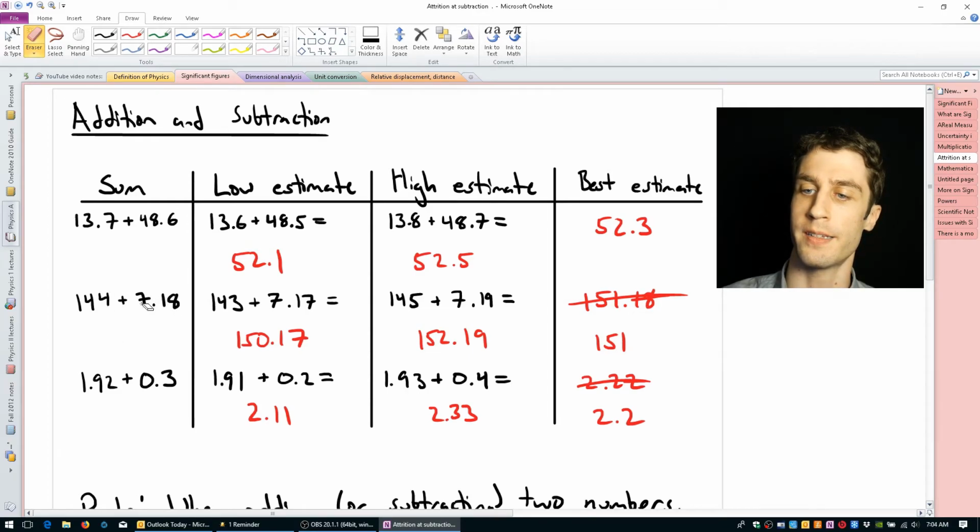So this quantity is known to two more digits, but those digits don't show up here, and so they basically don't contribute to the significant figures. How about here? This number doesn't have a units digit, but that doesn't matter because it does have a tenths digit, and this quantity has a hundredths digit, but this one doesn't, and so they both are only known out as far as the tenths place. Okay, and so that's as far as we keep our significant figures here.